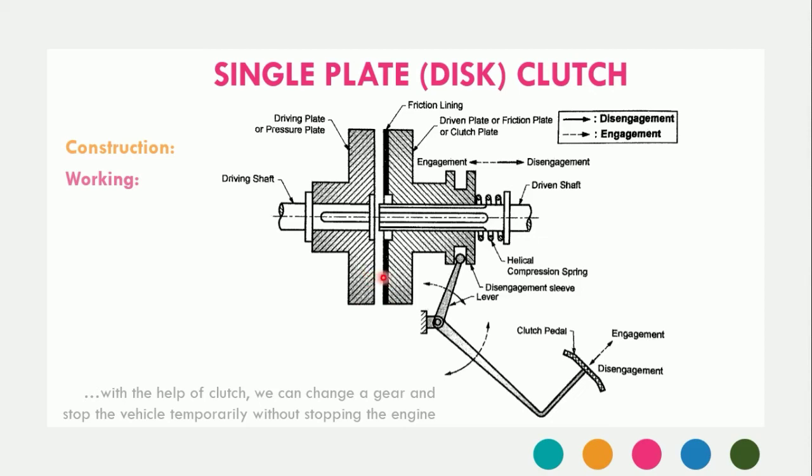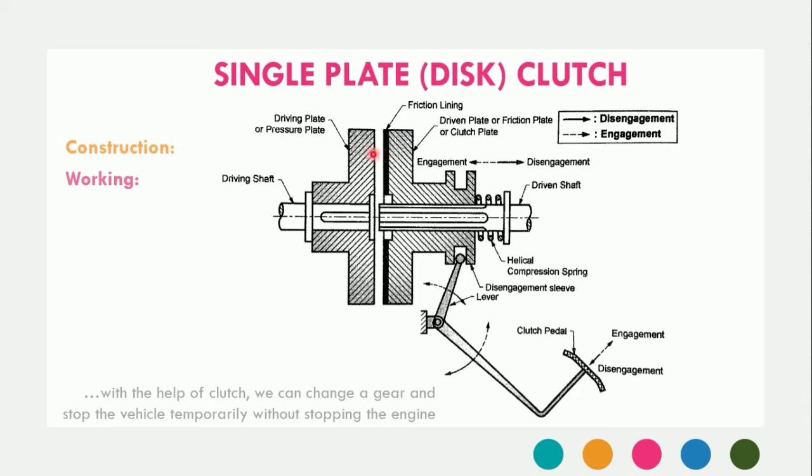So with the engagement of these two plates, what happens? The axial force of the helical spring ensures the friction plate is pressed against your driving plate, and ultimately the friction lining material, the asbestos material, is sandwiched between these two plates.